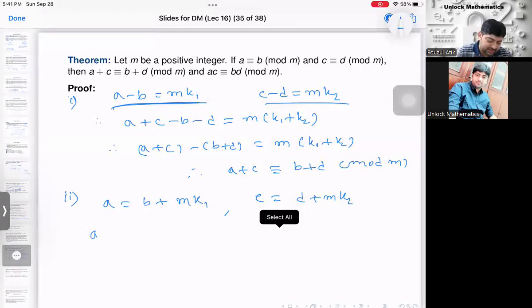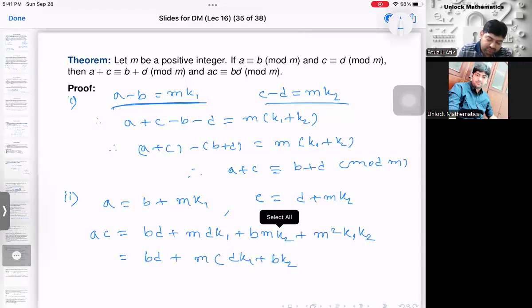So a times c is equal to bd plus m d k1 plus b m k2 plus m square k1 k2. I can easily take it common. So this is bd plus m times, d k1 plus b k2 plus m k1 k2.